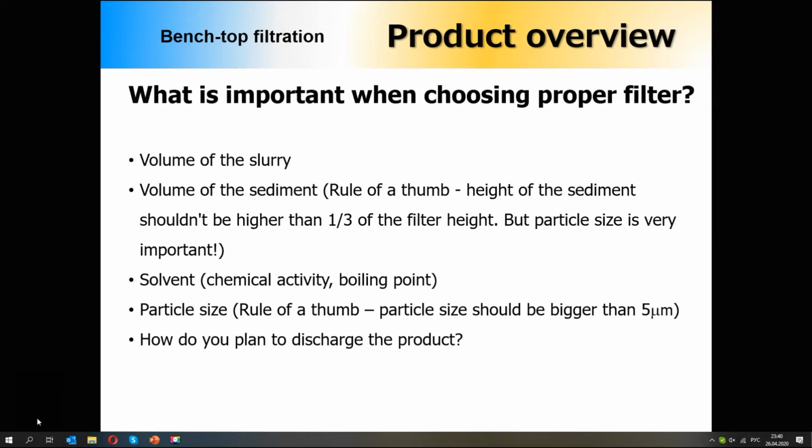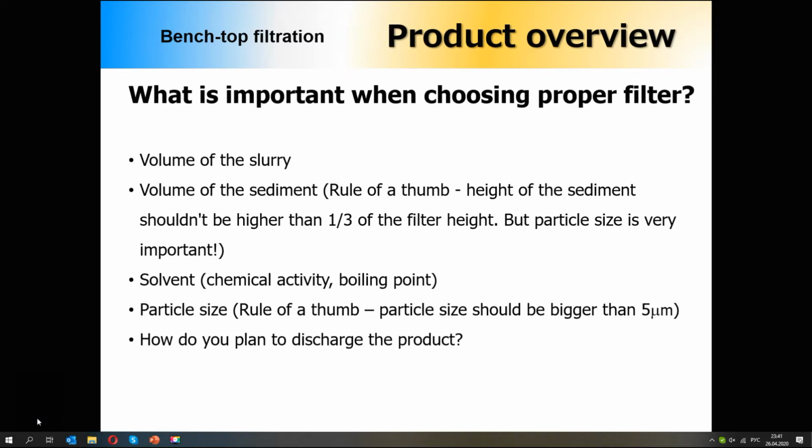It is not that obvious whether you will be able to do the filtration with a reasonable speed or not. Again, this will require additional experiments to be done before purchasing this type of filter.